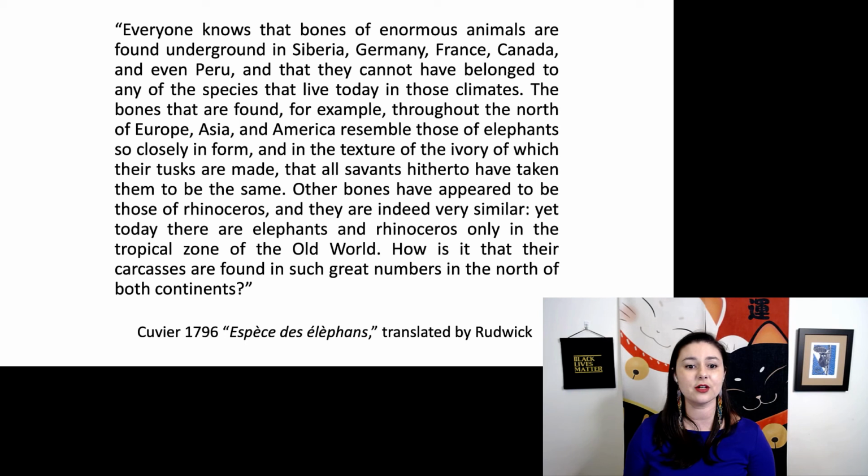Other bones have appeared to be those of rhinoceroses, and they are indeed very similar. Yet today there are elephants and rhinoceroses only in the tropical zone of the Old World. How is it that their carcasses are found in such great numbers in the north of both continents? So they hadn't figured out exactly what's going on yet, but this is the beginnings of a crisis, noting that essentialism didn't have all the answers.